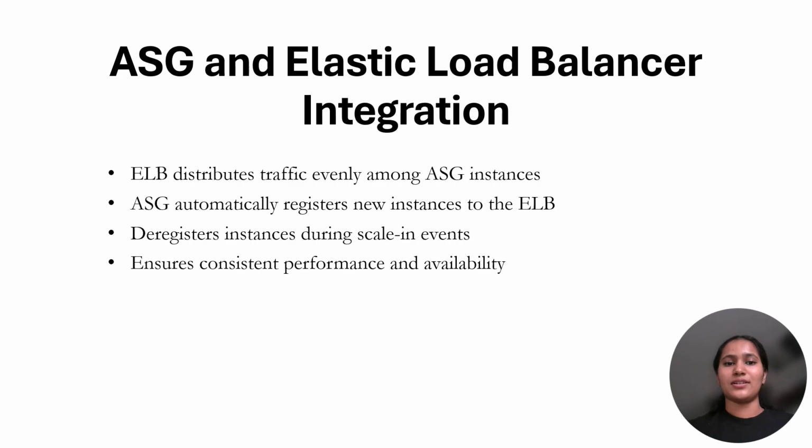When new instances launch, they are automatically registered to the load balancer. Similarly, when scaling in, instances are first deregistered before being terminated to ensure no active connections are lost. The tight integration ensures your application stays responsive and highly available.